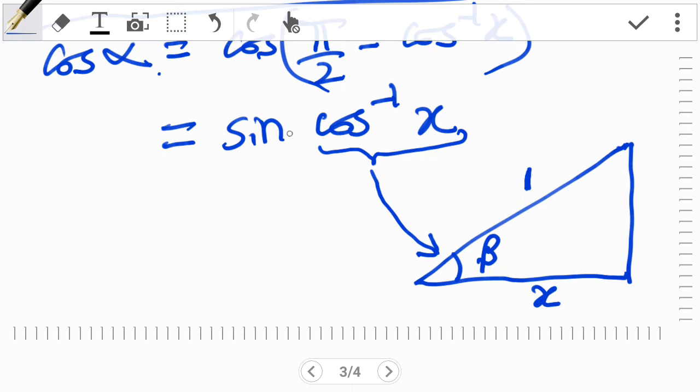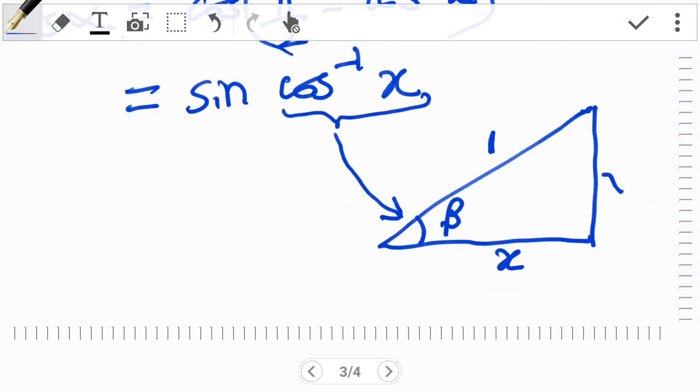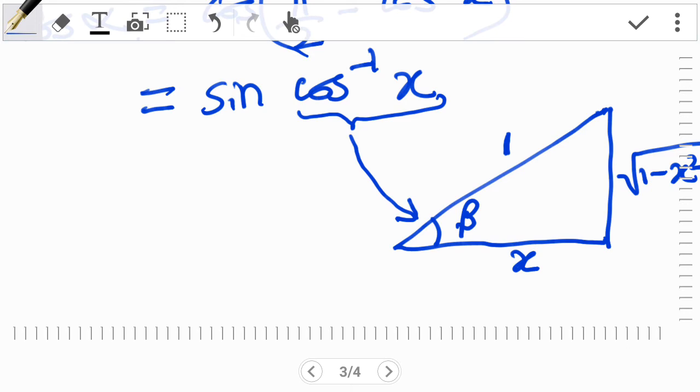So what will be the sine of beta? Again from the theorem of Baudhayan, the length of this side is root of 1 minus x squared. So the sine of beta is what? Opposite by hypotenuse. So the sine of beta is actually root of 1 minus x squared, which is the opposite side by hypotenuse 1.